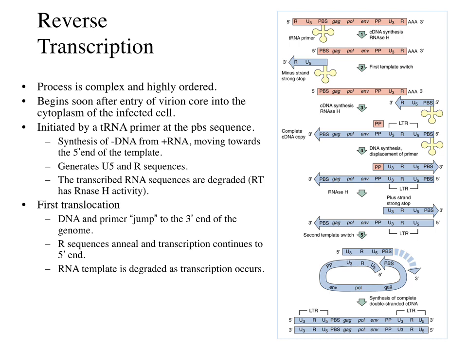So when you've made that complementary minus strand DNA R sequence, it can bind with the R sequence at the other end of the template. So you get a jump to the 3' end of the genome. Those R sequences anneal, and transcription continues to the 3' end. And again, as this goes along, the RNA template is being degraded.